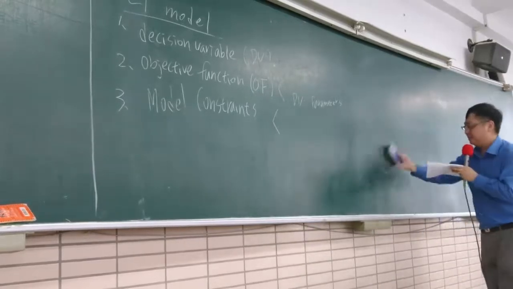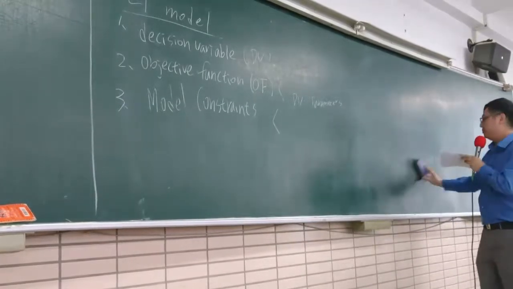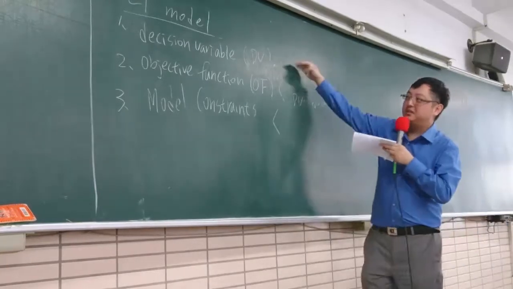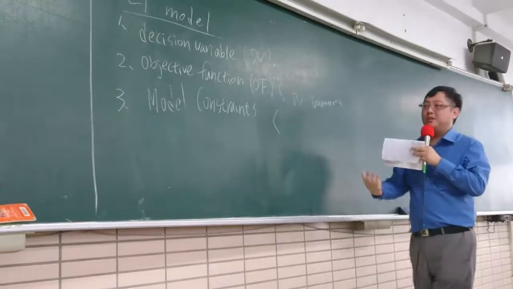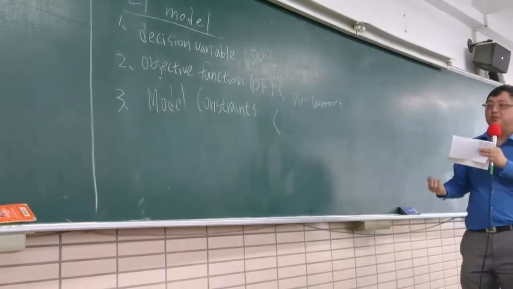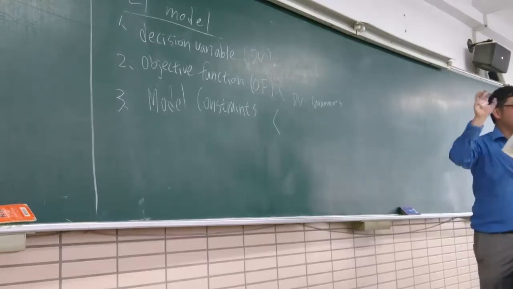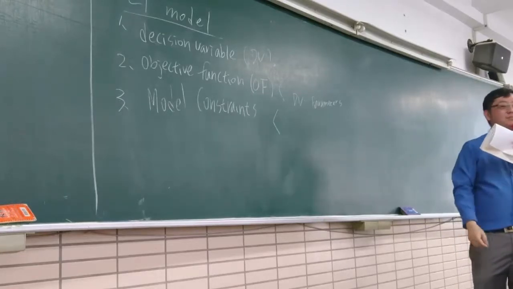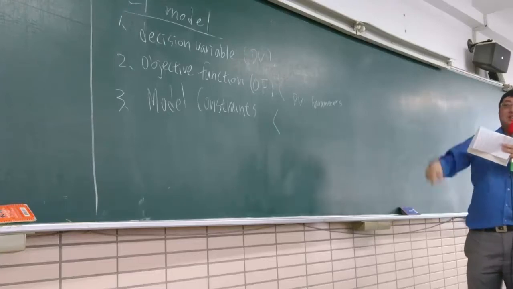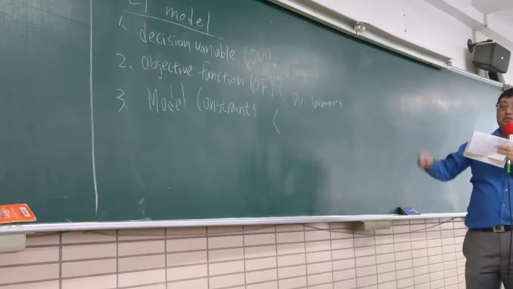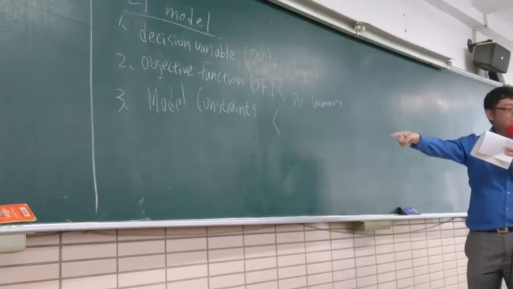So when you solve a problem about linear programming, you have to write these three parts. If a question asks you to please formulate a linear programming model for this problem, you have to write these three: the decision variable definition, the objective function, the model constraint.